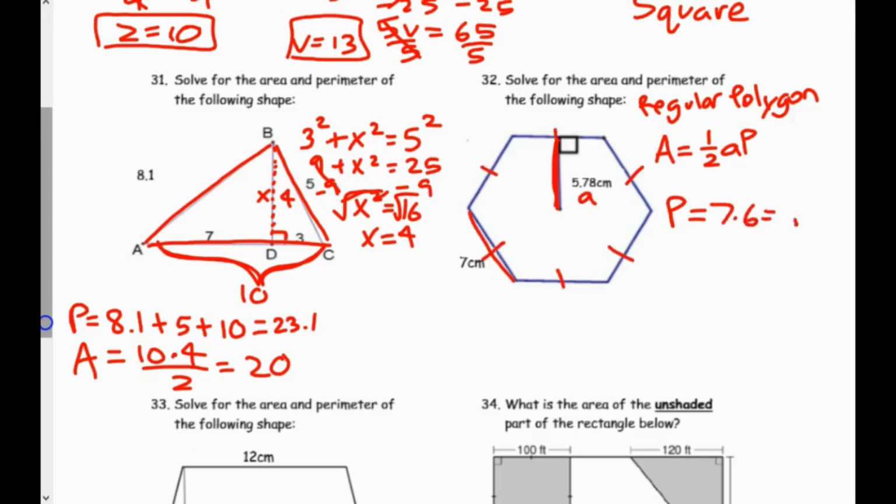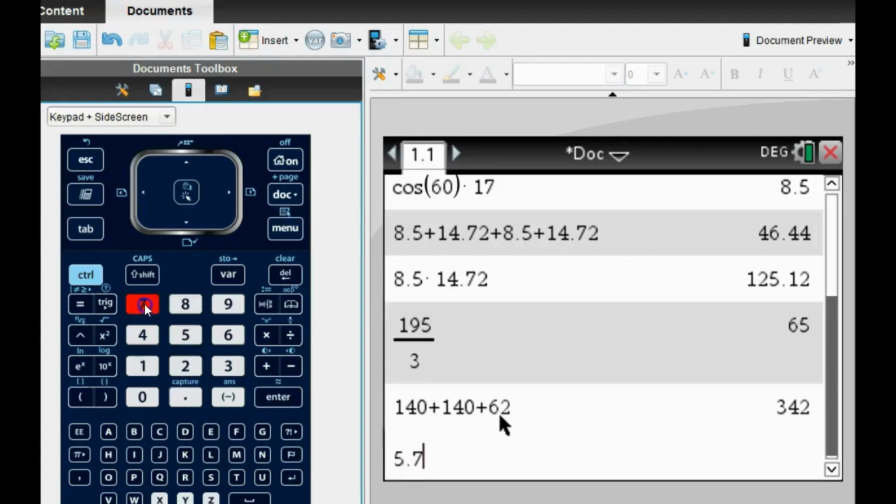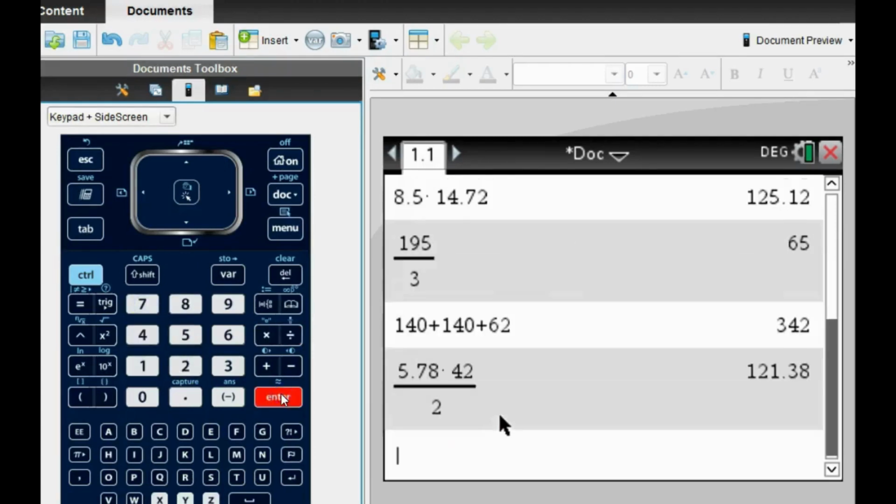What's 7 times 6? Okay, 42. So for the area, it's going to be AP, so 5.78 times 42 divided by 2, or a half, whatever. So 5.78 times 42 divided by 2, 121.38.